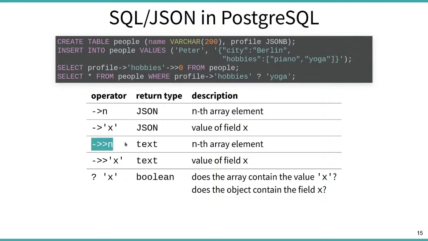So when we say give me the nth element of an array, like here, give me the hobbies 0, as we use the double, what is this called, triangle here, the double arrow, it returns a text. If you use only one arrow symbol, then the result is JSON.